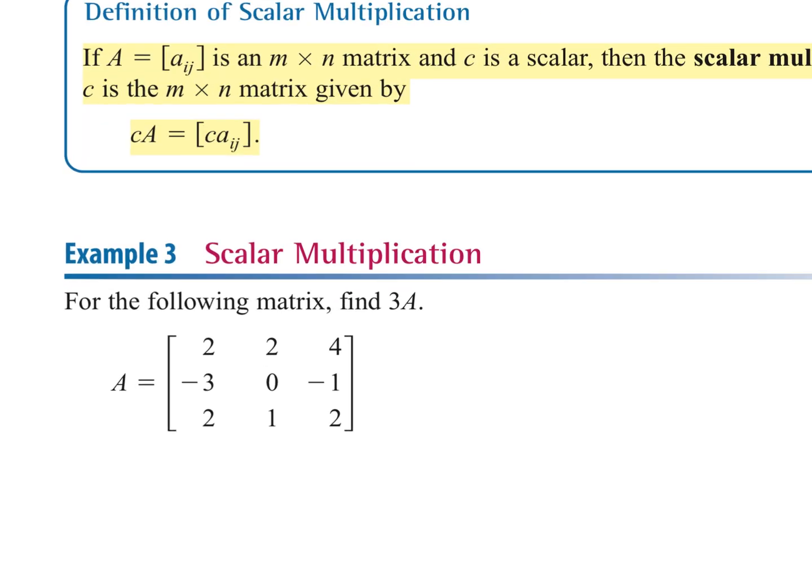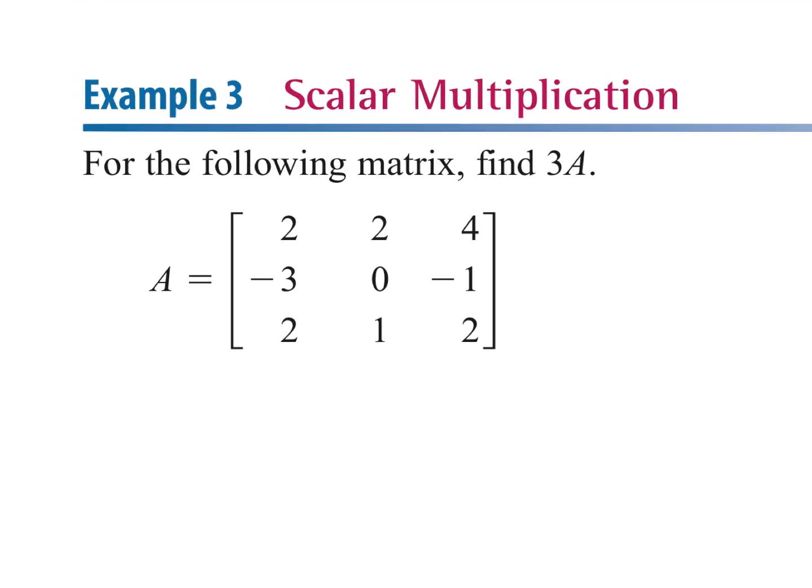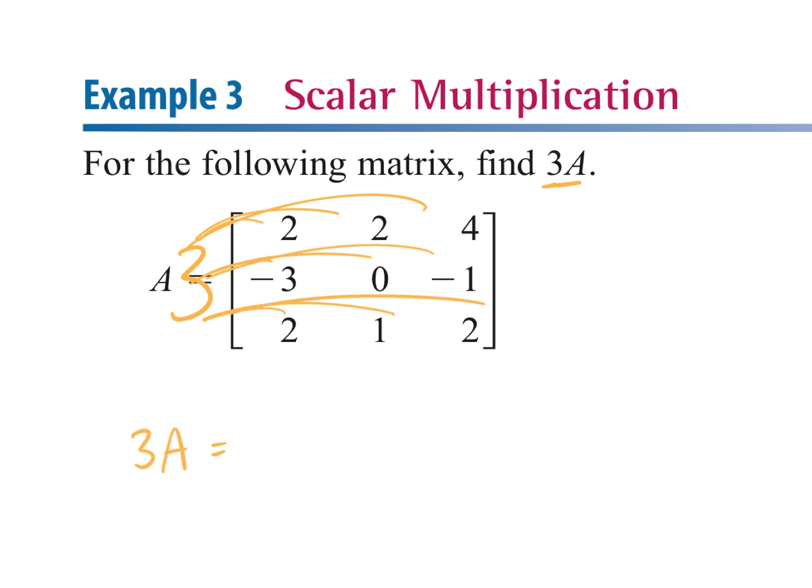In example 3, we're multiplying by a scalar, so we have 3 times matrix A. When we multiply 3 times the entire matrix, it gets distributed to everything in our matrix. So 3A would be 2 times 3 is 6. 2 times 3 would be 6 again. And 3 times 4? 12.